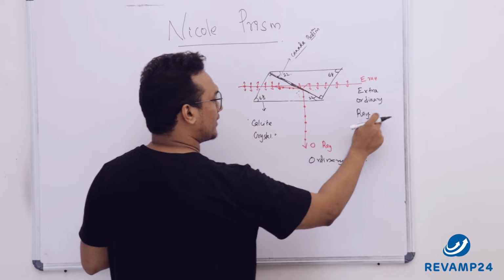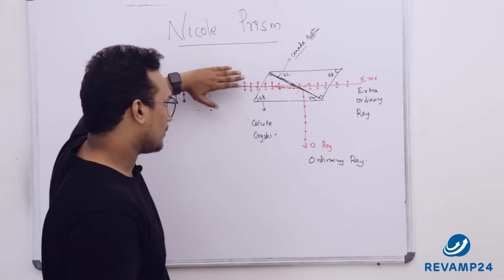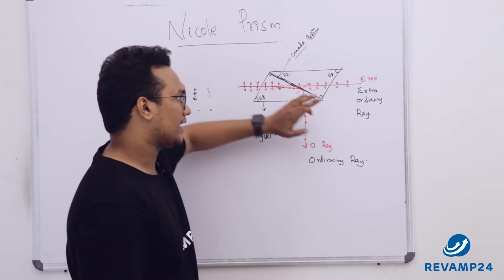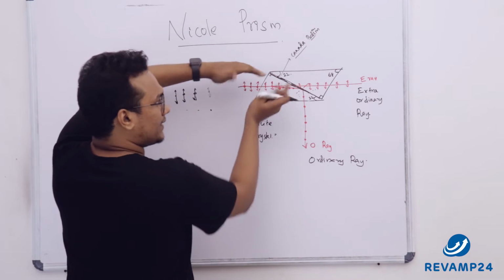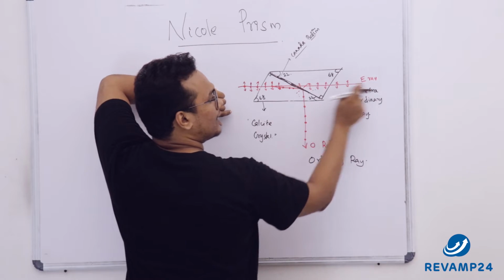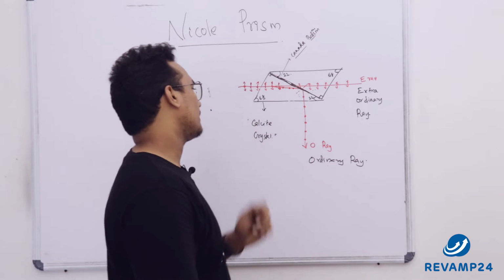In the case of the extraordinary ray, it will just refract and go in one direction. So from unpolarized light, the extraordinary ray and ordinary ray got separated, and the extraordinary ray will meet the Canada balsam, go with a refraction, and be collected here.